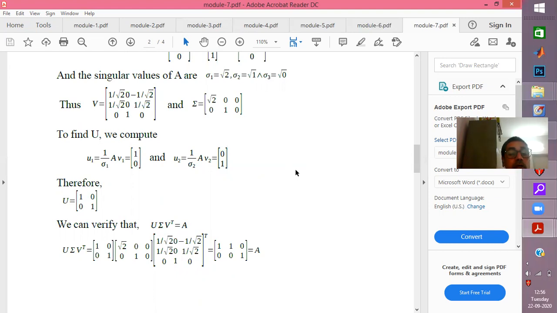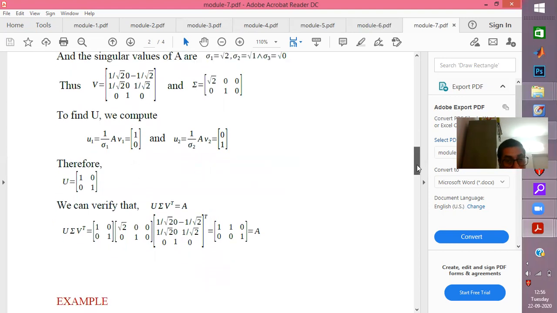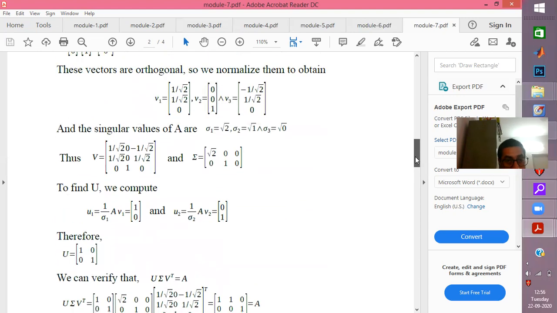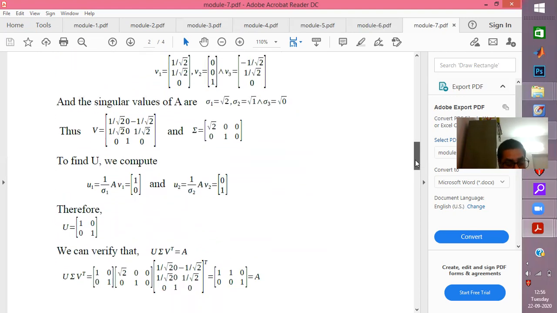So 1, 0 and 0, 1 will form the columns of U. Then you write the SVD, A is equal to U into sigma into V transpose, and you can cross check by actual hand calculation. This is a popularly used way to find the SVD: you find the matrix A transpose A, get its eigenvalues and eigenvectors, store them in V, construct the sigma matrix, and then find the matrix U through the special procedure explained above.